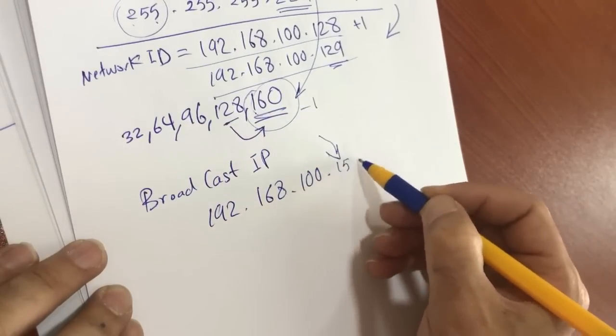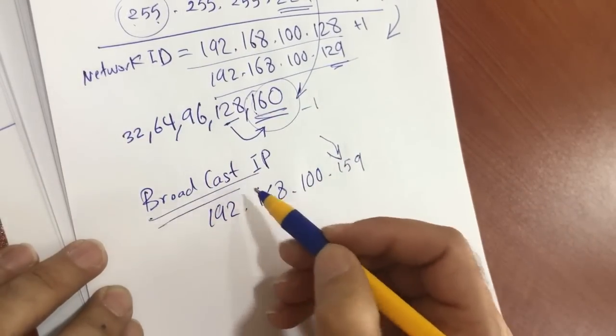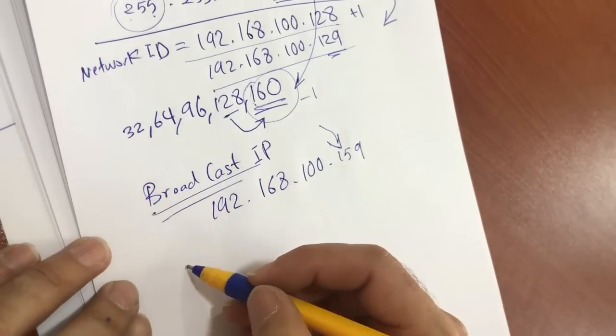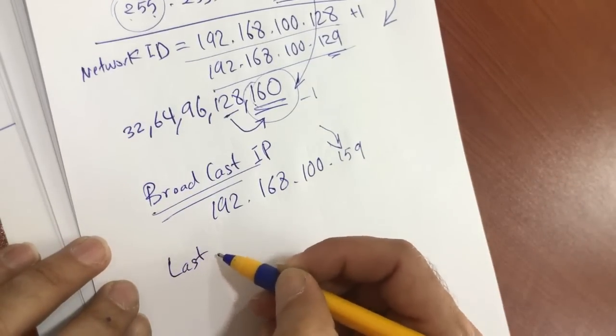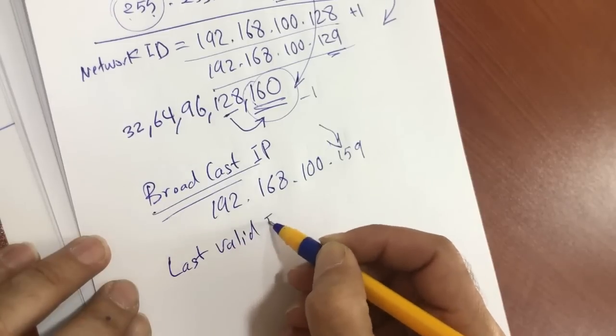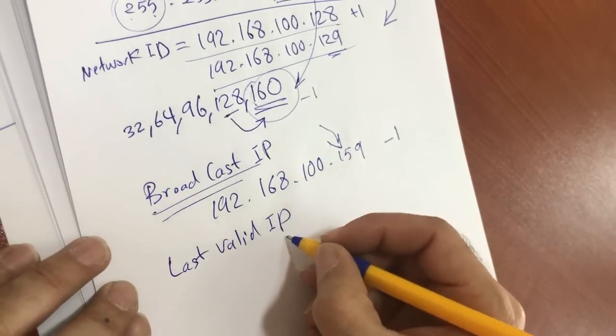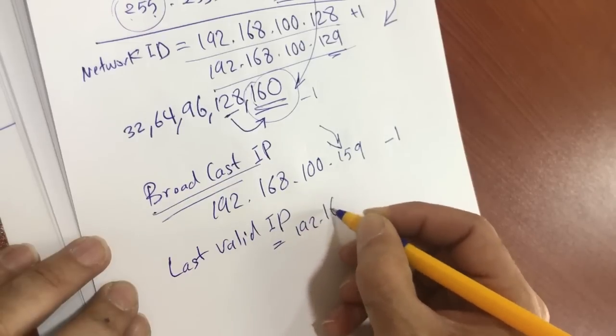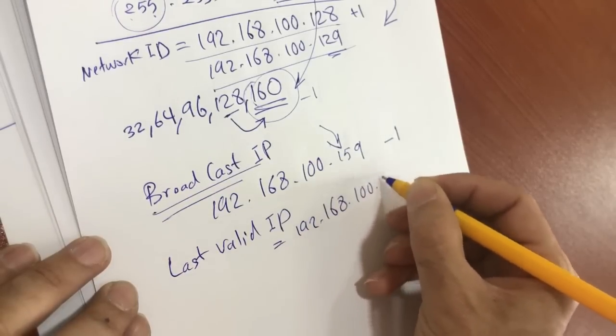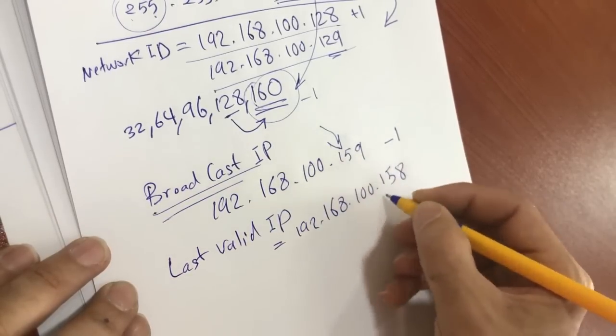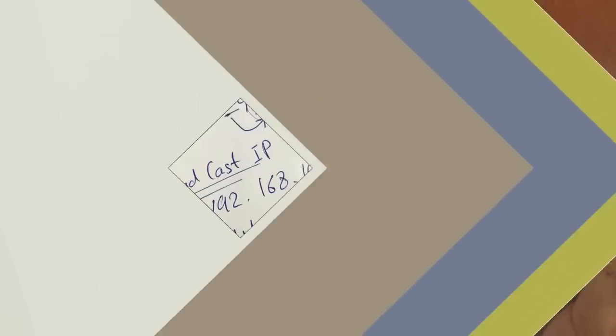It is 159. This is the broadcast IP. But for the last valid IP, minus 1 equals 192.168.1.158. This will be the last valid IP.